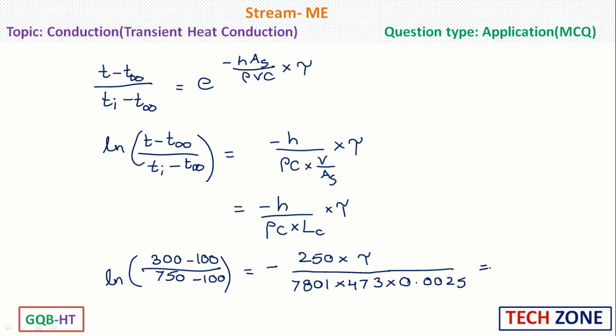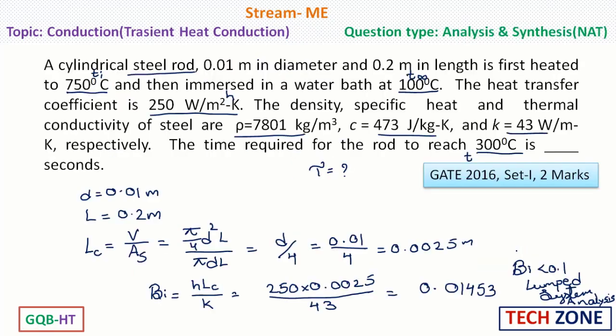On solving this, we are going to get 43.49 seconds as the time tau. That is the answer, 43.49 seconds, and this is the end of explanation for this question.